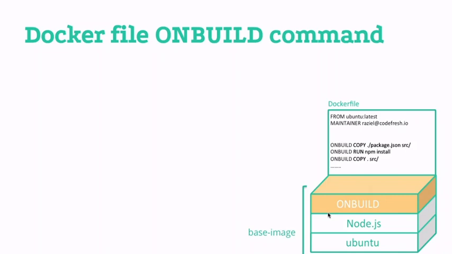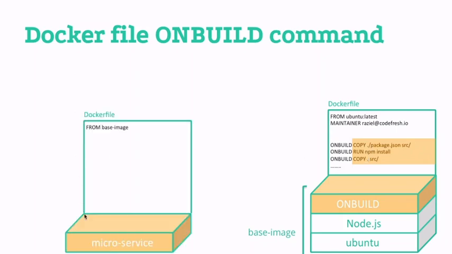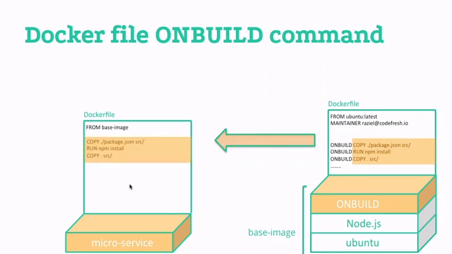If we create this base image and add these triggers as part of this image, later on when we create a microservice and a Dockerfile whose FROM command points to the image with a trigger, when the Docker daemon executes this Dockerfile, it will execute the trigger as if it had been added just after the FROM command.